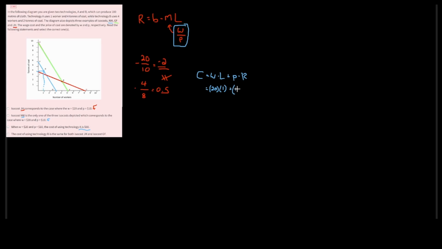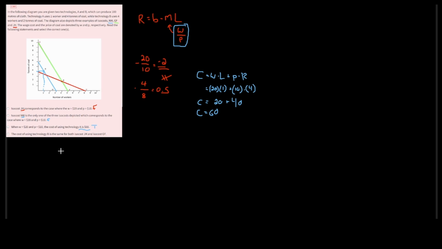Price of the resource is 10 times resources. How many coal are we using? We're using 4 coal. So what do we get here? We get 20 plus 10 times 4, that's 40. Hey, that gives me a cost of 60. Oh, that's looking good. I'm going to say that guy's true.